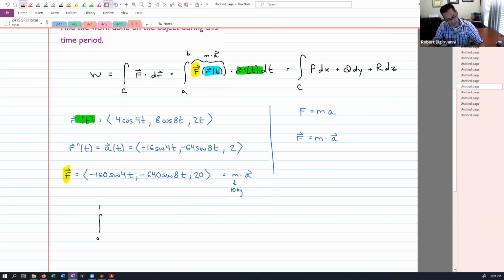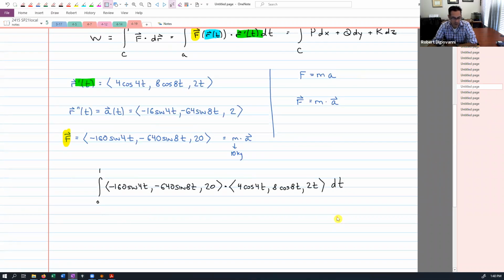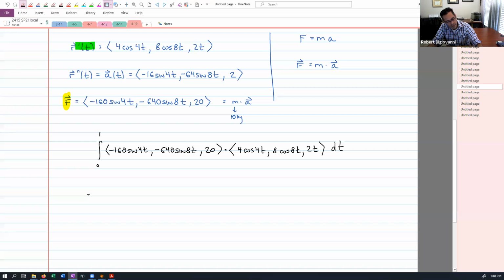So we should be able to set this up. Integral from 0 to 1, and it's just going to be this vector function, dotted with the derivative, which is 4 cosine 4t, 8 cosine 8t, 2t, dt. This is just going to be ugly, but it's all going to be doable. So when I multiply these together, let's see what we get.